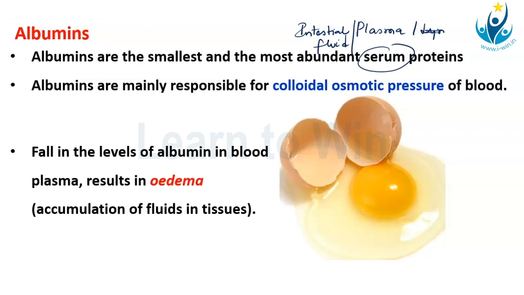If albumin level falls in the blood, it results in edema. Why does that happen? It's very simple. If the albumin levels of the blood fall, then the osmotic pressure varies. That means the blood becomes thinner. It will have more fluid and less solute, right? As a result, the extra fluid gushes out of the capillary. You want a particular volume of blood.